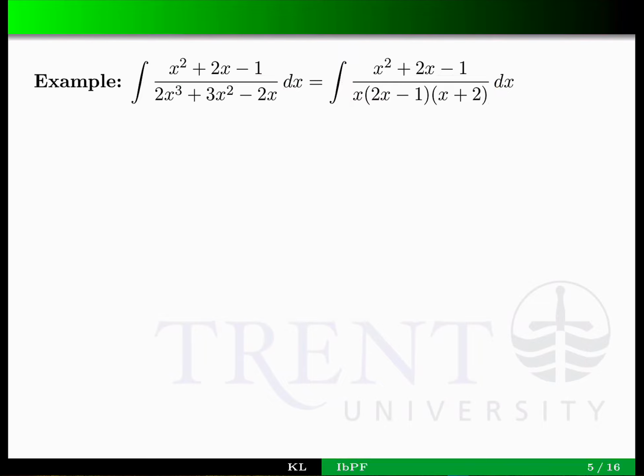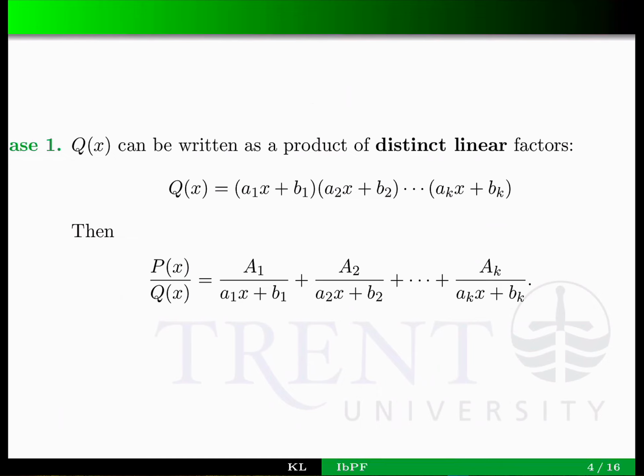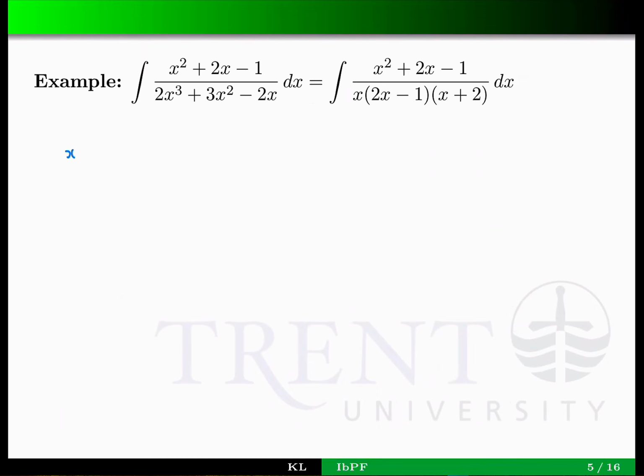So this case here says that x squared plus 2x minus 1 divided by 2x cubed plus 3x squared minus 2x, since the factored form of the denominator is this expression, look at the factors x, 2x minus 1, x plus 2, can be written as A1 over x plus A2 over 2x minus 1 plus A3 over x plus 2.